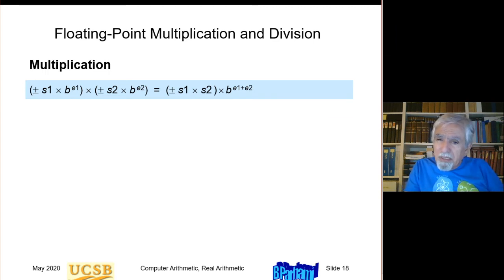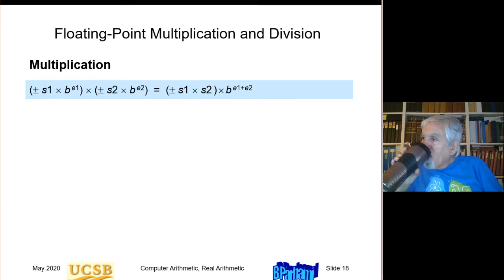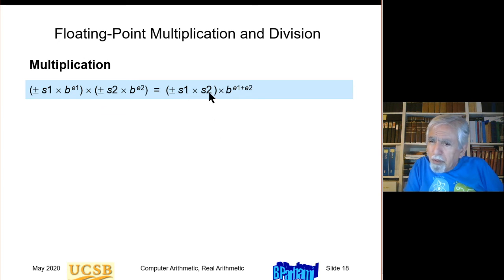Multiplication is actually conceptually simpler. Here, two floating point numbers are being multiplied. Basically, to multiply two floating point numbers, we add the exponents and multiply the significands.